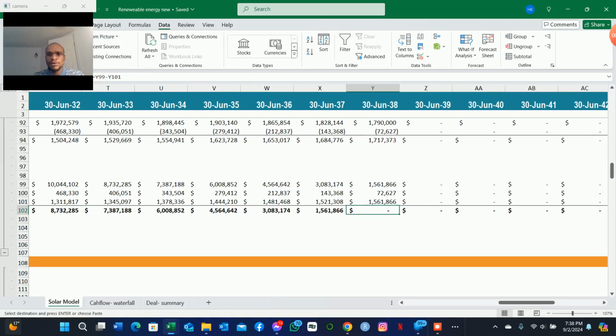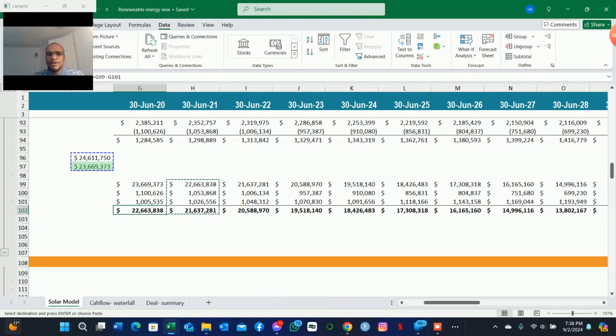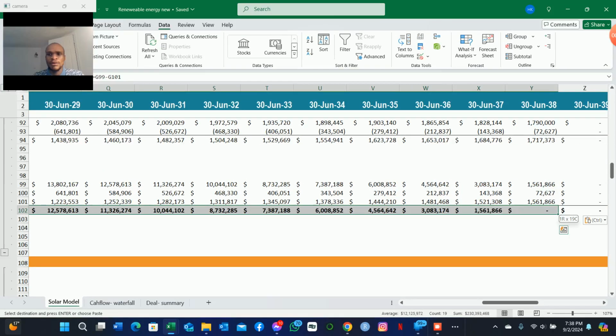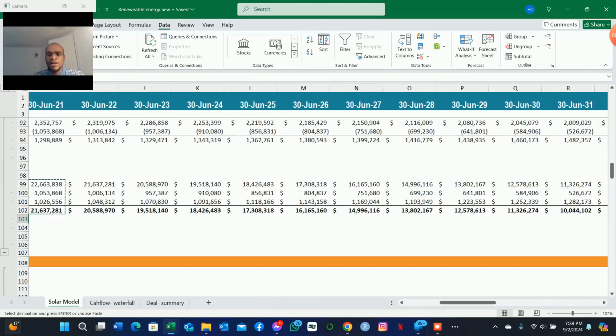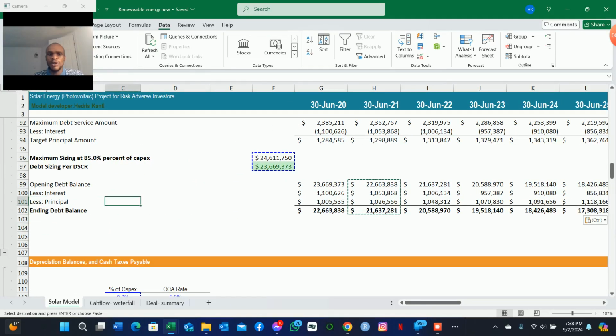So what we are seeing here is that we're paying off everything over a space of 19 years. If we take all of these and reference all of this, we will see that the count is 19 years and we get it paid just as we predicted. So hopefully this gives you a drive on how to determine your principal repayments for such a project.